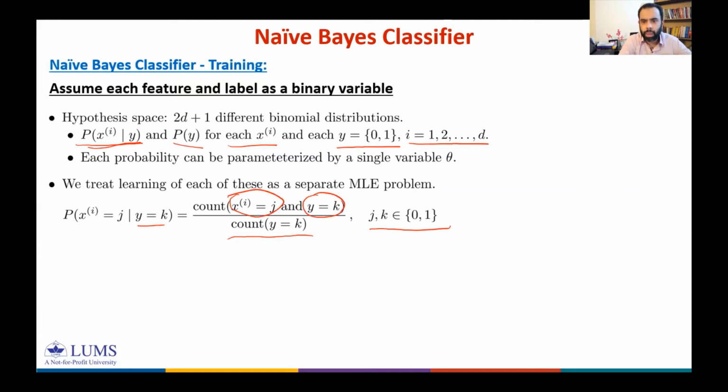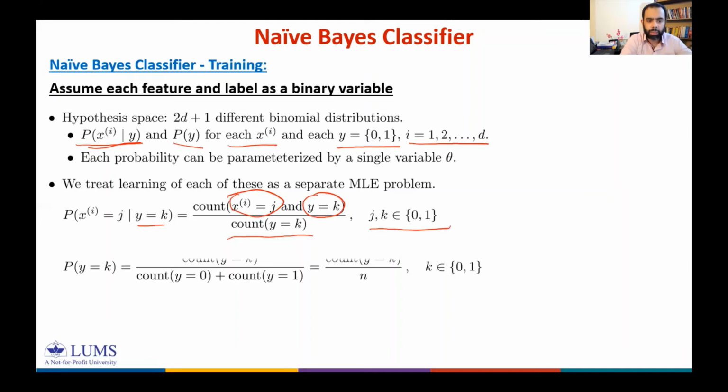Similarly, we can compute the probability of y equal to k: we simply count how many instances we have in the data for which the label is equal to k, and divide by n, the total number of points we have. That's how we compute the likelihood probabilities, and the prior probability of y equal to k.